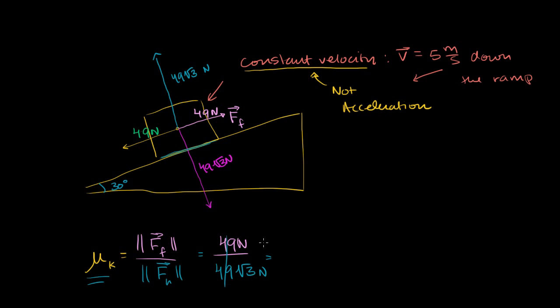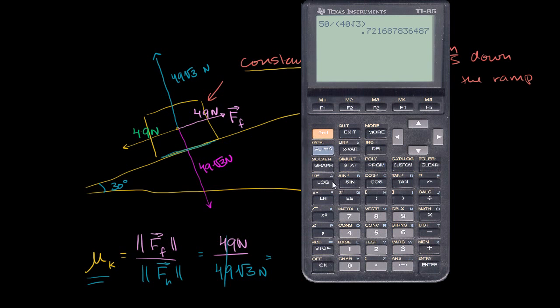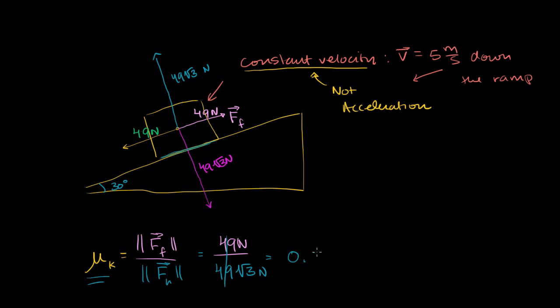So we get 1 over the square root of 3. And let me get the calculator out to get an actual number here. So we have 1 divided by the square root of 3, which gives us 0.58, I'll just round. And there's no units here, because the units cancel out. It's a unitless measurement.